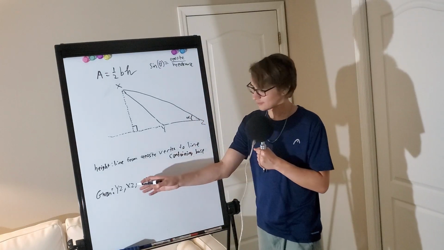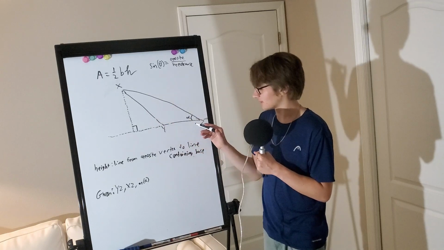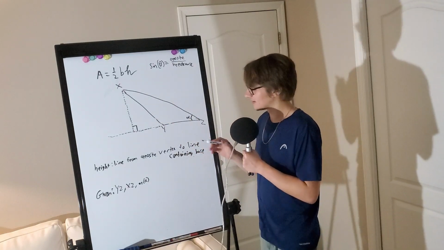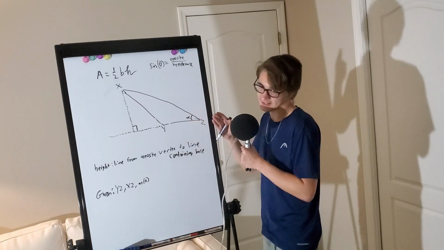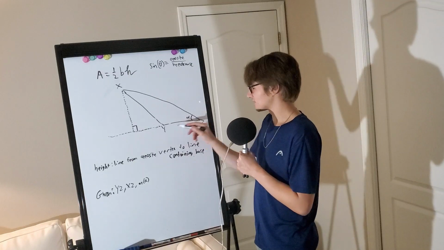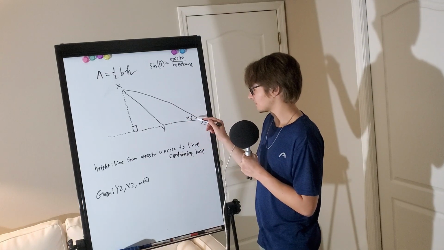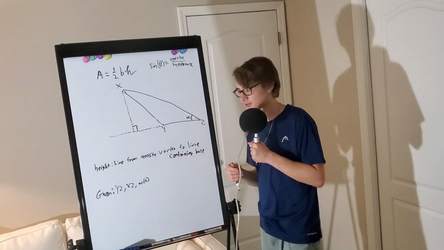The reason we have to be given XZ instead of XY is because whatever angle you're given, in order to fully characterize the triangle, you need the lengths of the sides that form that angle, right? So in this case, YZ and XZ form the angle, and so those are the givens. But then we could find the area of the triangle.